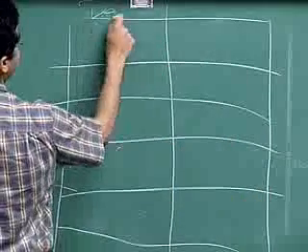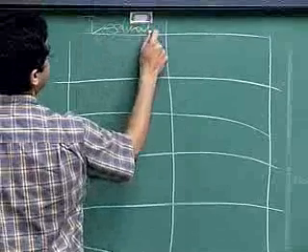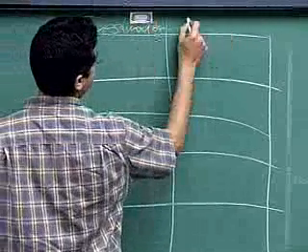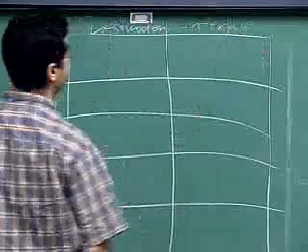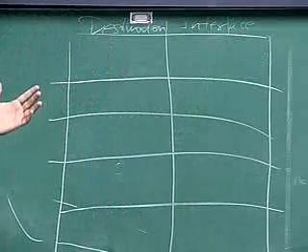So a routing table has destination and interface for the forwarding. So what do destinations look like?